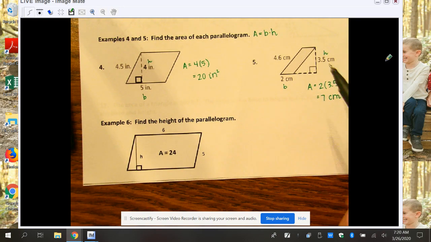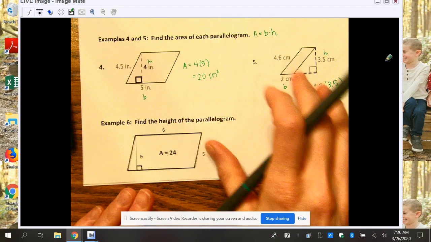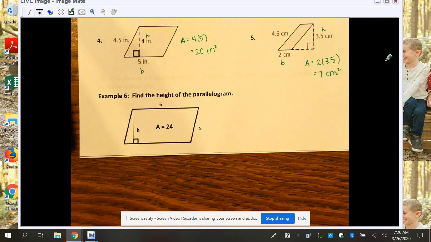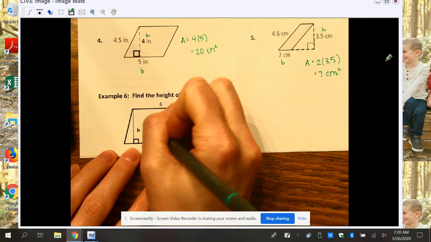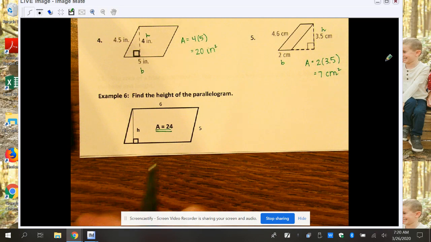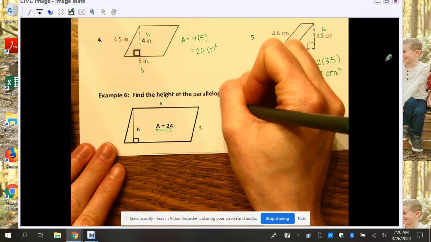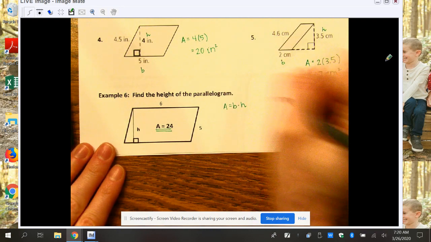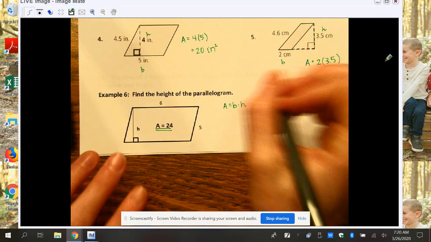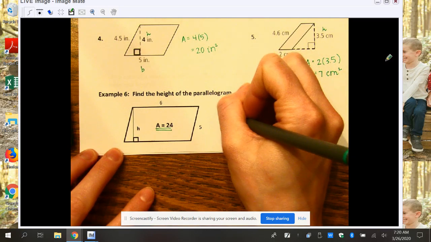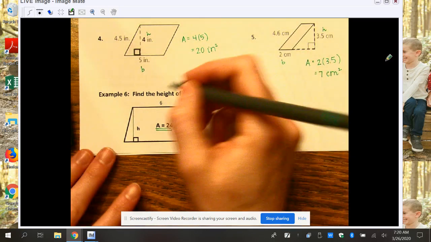All right, so now we're going to be not necessarily finding the area, but using the area to find one of the other parts of the parallelogram. In this case, we're looking for the height. And we know that the formula for the area is base times height. So if I know the area is 24, the base is 6, not the 5.